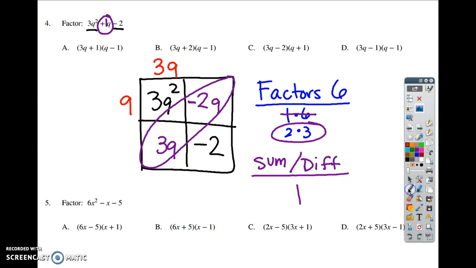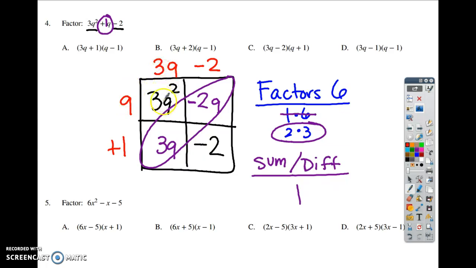Then you have to start asking yourself, q times what number gives you negative 2q? Negative 2. And then 3q times what number gives you 3q? Positive 1.